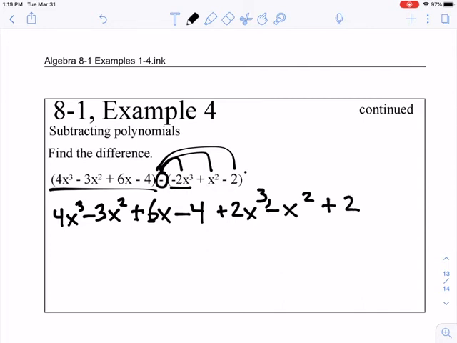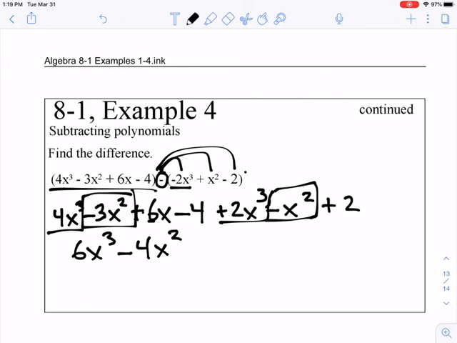And so then it's just a matter of combining like terms. So I've got 4x cubed, 2x cubed. We're going to put those first because they're the highest degree and they would be our leading terms. So 4x cubed plus 2x cubed is 6x cubed. You've got minus 3x squared and minus x squared, which gives me minus 4x squared.